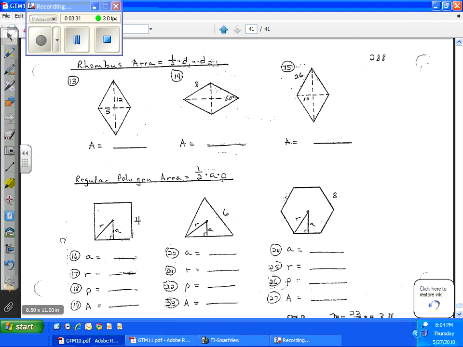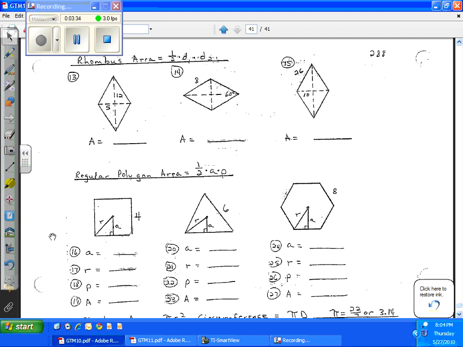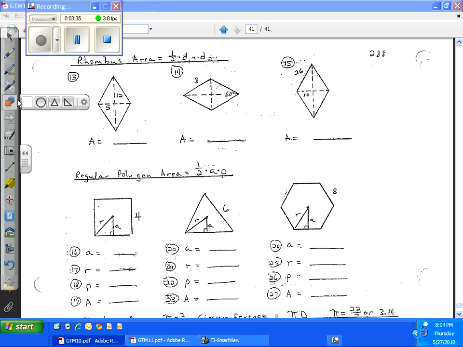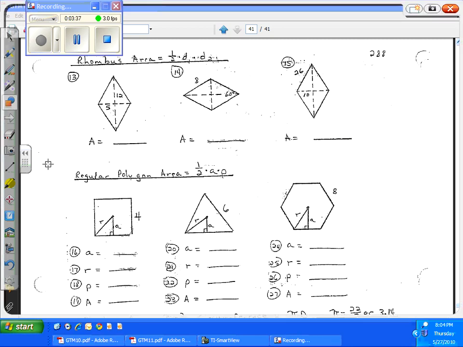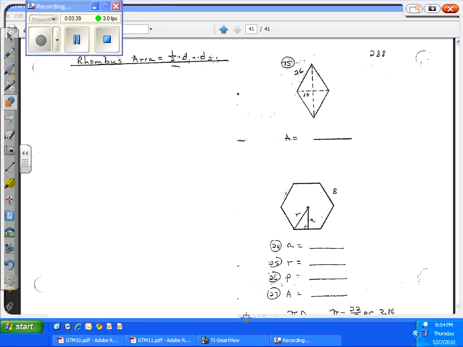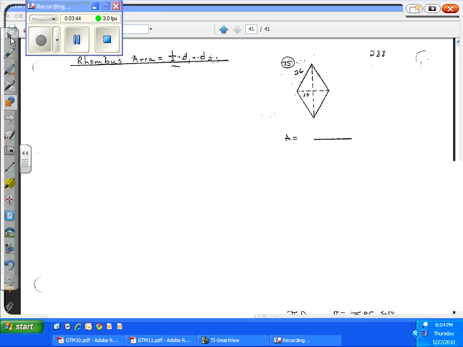Okay. Number 15. Number 15, we have a rhombus. We know that the diagonals of a rhombus are perpendicular.